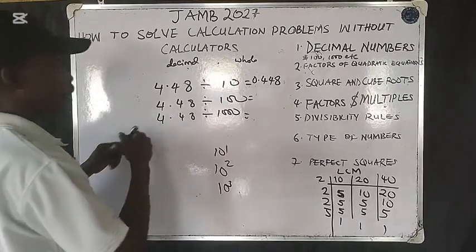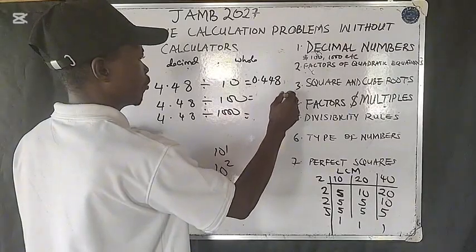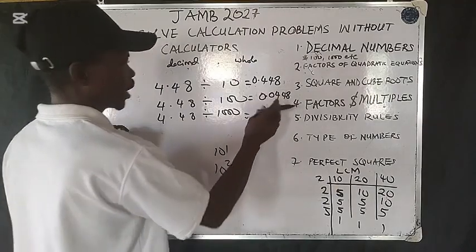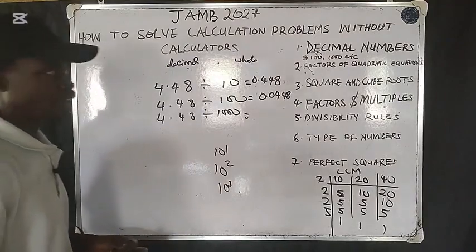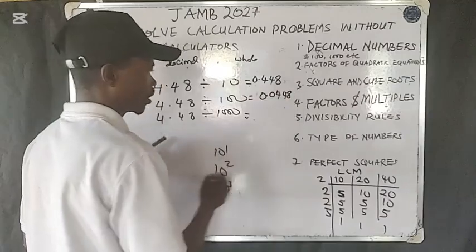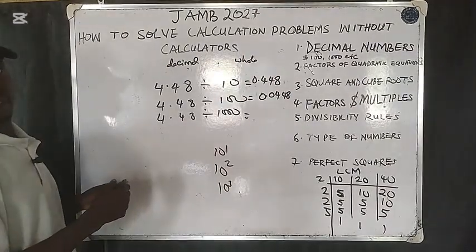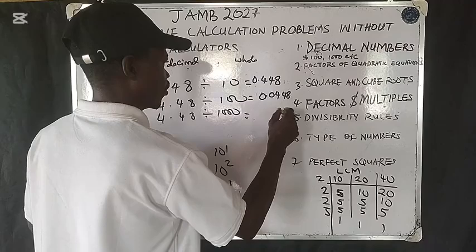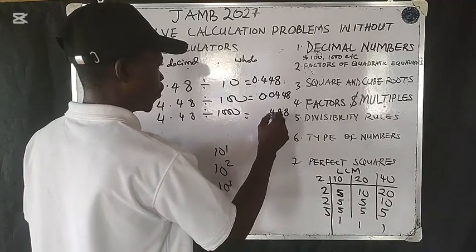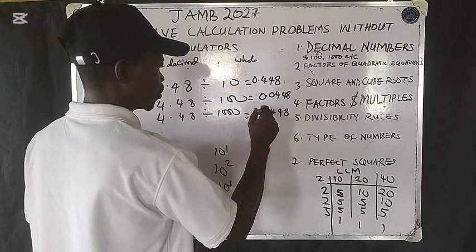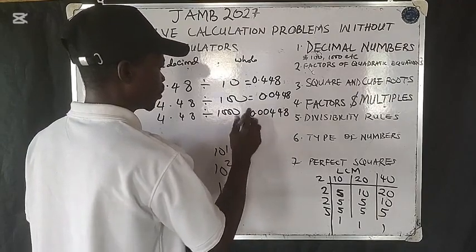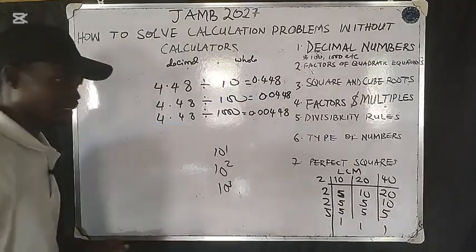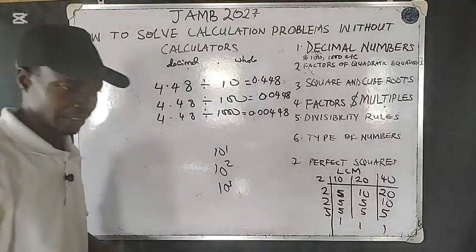So we write 8, 4, then 0.0 before the 448. Here is 0.448. Now here we are moving it how many times? 3 times, right? The first time, second, third. So this is how to divide a decimal number by base 10 numbers. Is that okay?